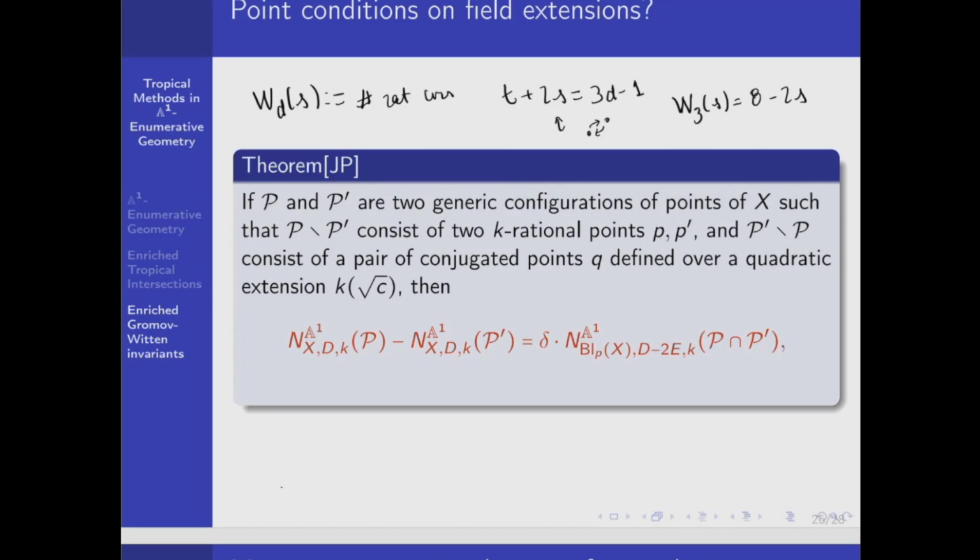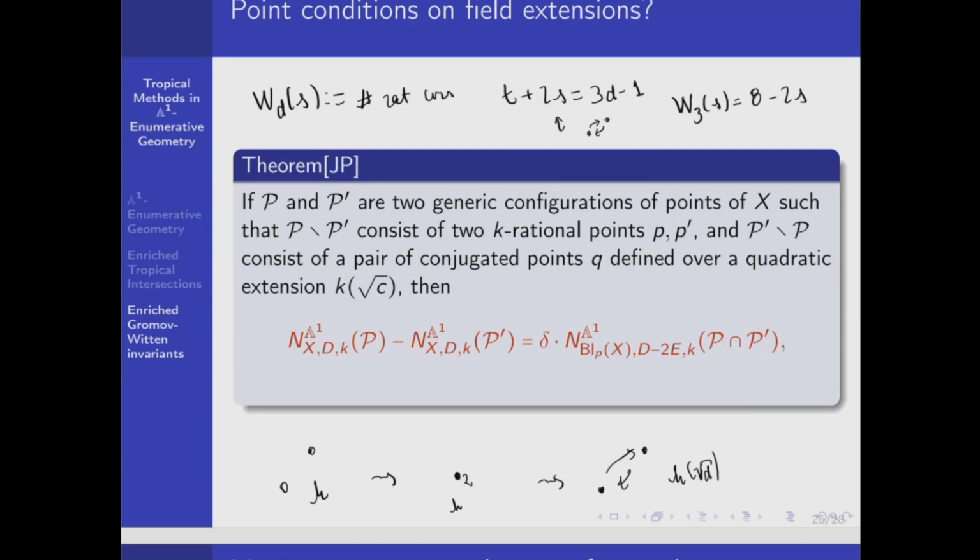Now if I have 2 points that are k-rational, and then I make them collide into a double point that is also k-rational, and then disappear into a pair of points that are conjugated, but now not complex conjugated, they live in a quadratic extension, then we have a relation between the invariants on the left-hand side and the invariants on the right-hand side.